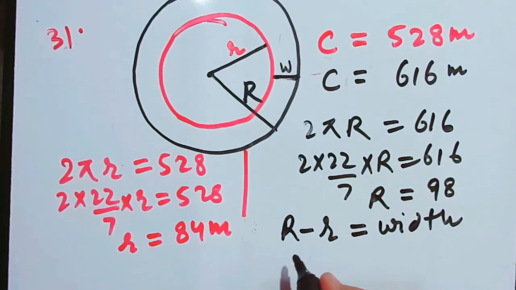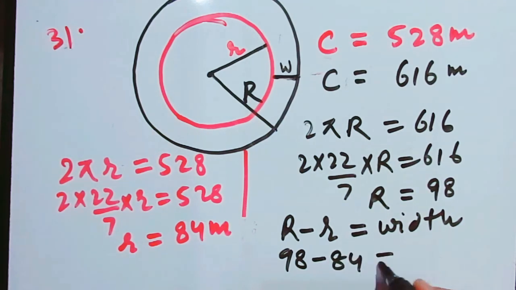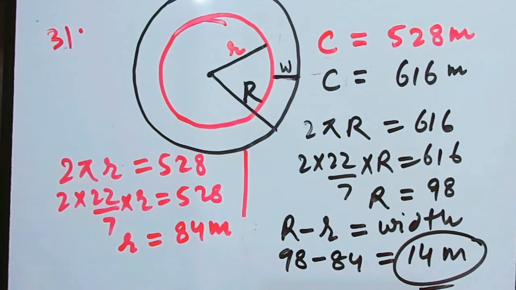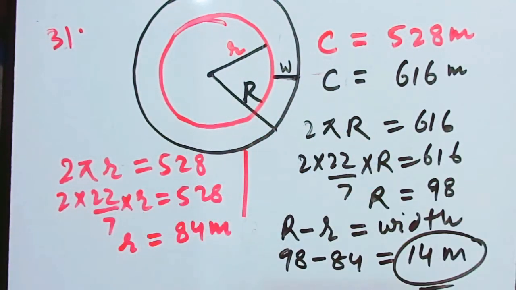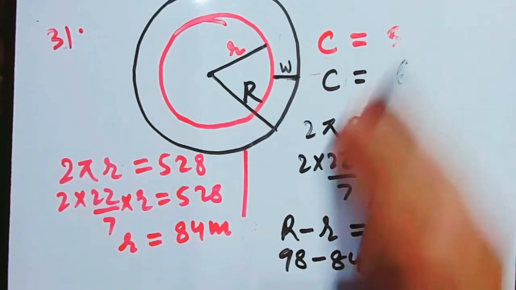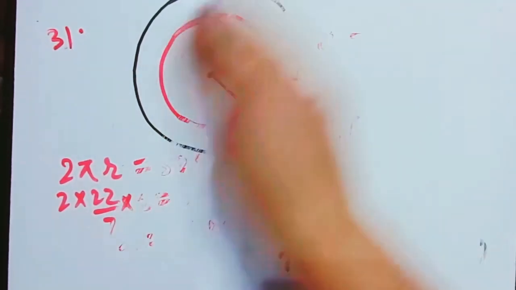So the width of the track is equal to 98 minus 84 is equal to 14 meter is your answer, isn't it? I hope you have understood this. Okay, nothing special was there. First we found out small r, and then we found out bigger R, and then finally what we did, we found their difference.